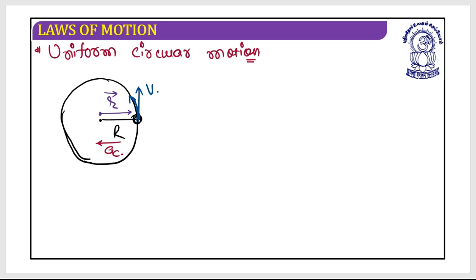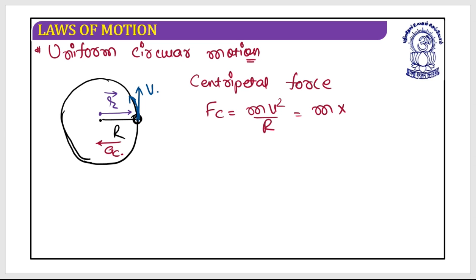So AC is the centripetal acceleration. If you remember the centripetal force, Fc could be written as mv square by r, that could be written as m into AC. The mass cancels, and the centripetal acceleration would be equal to v square by r.